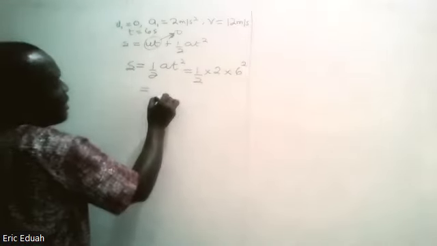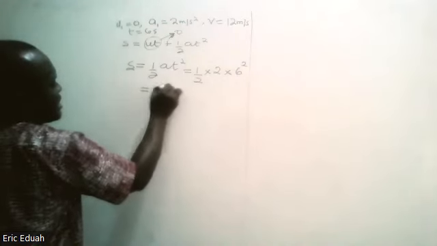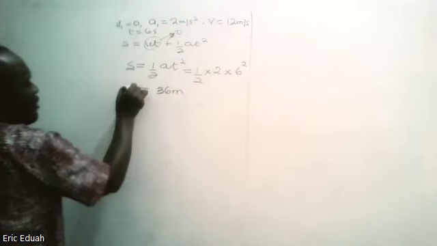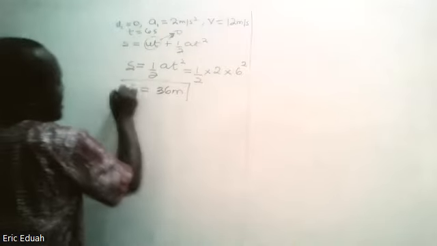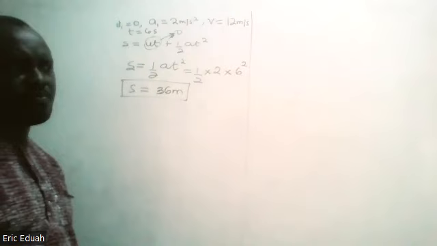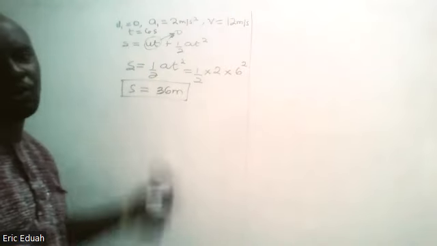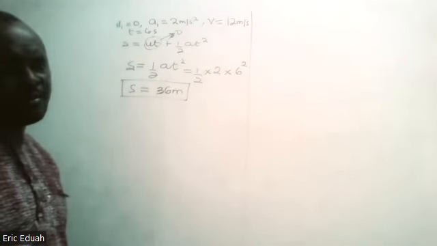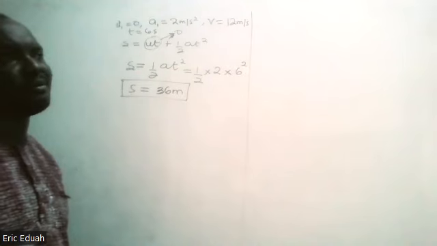So I have 36 meters for the distance covered during the first part of the motion. And that's exactly what we got, isn't it?